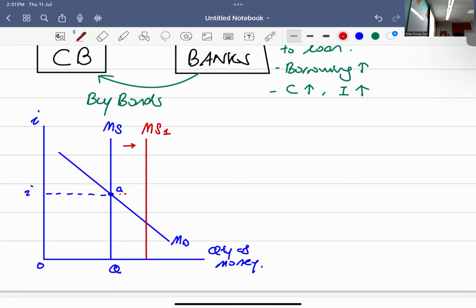You can see from point A to point B there's a surplus, and therefore it moves to a new equilibrium at point C. At point C, the new equilibrium, the interest rate is lower and the quantity of money is higher. From point A to point C, the interest rate has fallen and the quantity of money has increased.